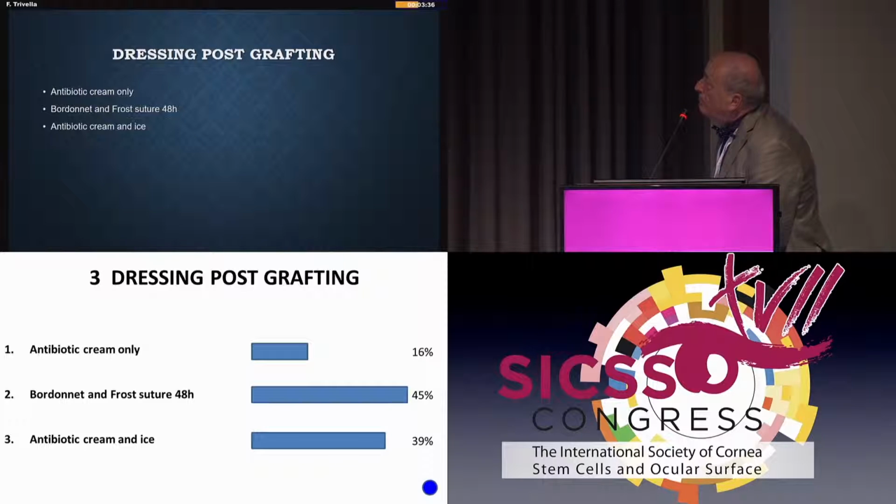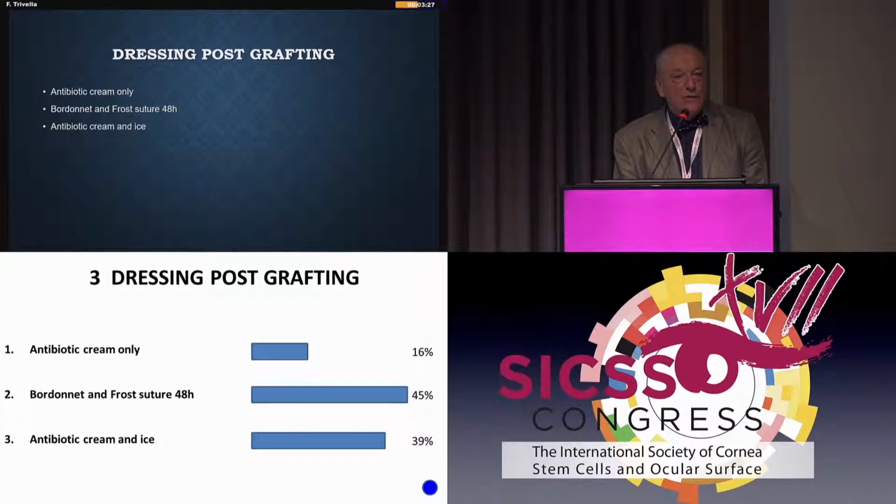Very well. Okay, antibiotic alone, might be enough. Problem is the girl closes the eyes, and so our graft would be upturned, and so there would be no contact with the ocular surface.